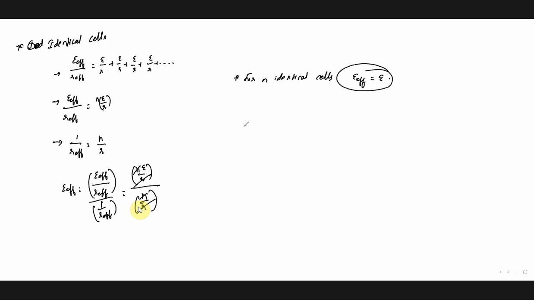Whereas if you take resistors in parallel combination, effective resistance is R by N. And in series combination, effective resistance is taken as NR. Whereas for N identical cells in parallel, E effective is just E, not E by N or NE. Understood this point, students?